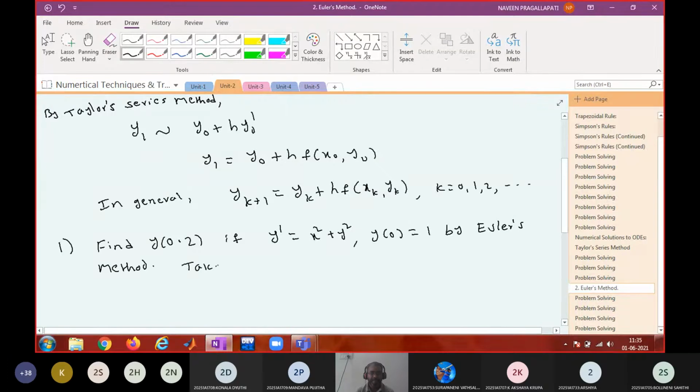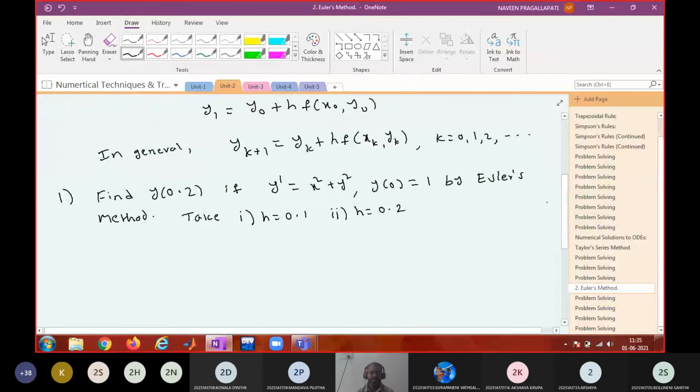Take h equal to 0.1, and then h equal to 0.2. Okay, so this is quite easy to do.